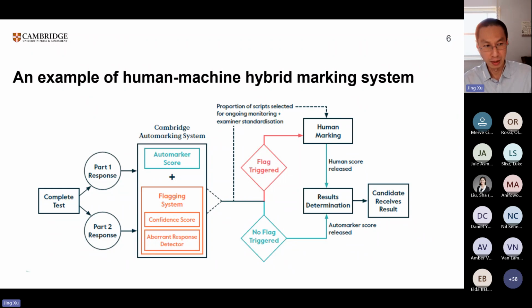So if anything is flagged, then the response will be given to the human marker. The human marker score will be used instead of the automarker score. But in other cases, when the automarker is confident, there's no flagging, so we can confidently release the automarker score to the candidates. So this is the flow chart.